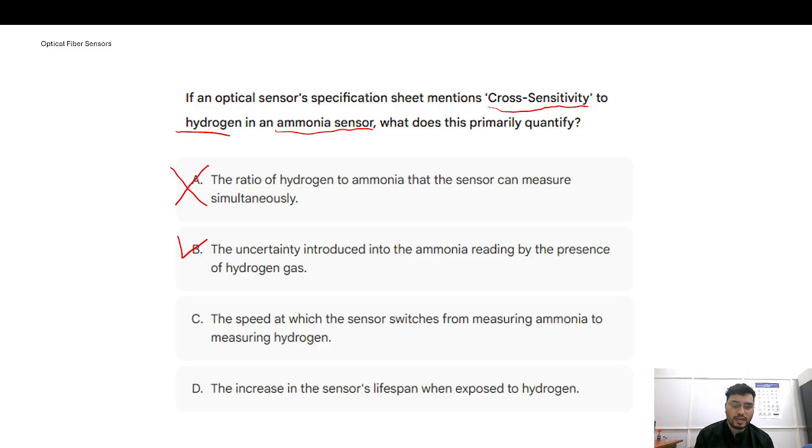Suppose you are measuring ammonia gas somewhere in some chamber, and suddenly there is an increment in hydrogen sulfide, hydrogen, or ozone, carbon dioxide. Those things can also affect the optical sensor accuracy, or we can say precision. Both also. Mostly the precision.